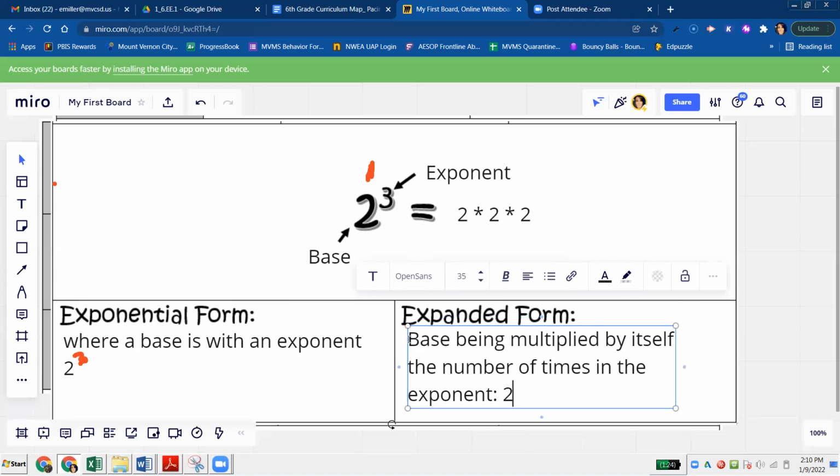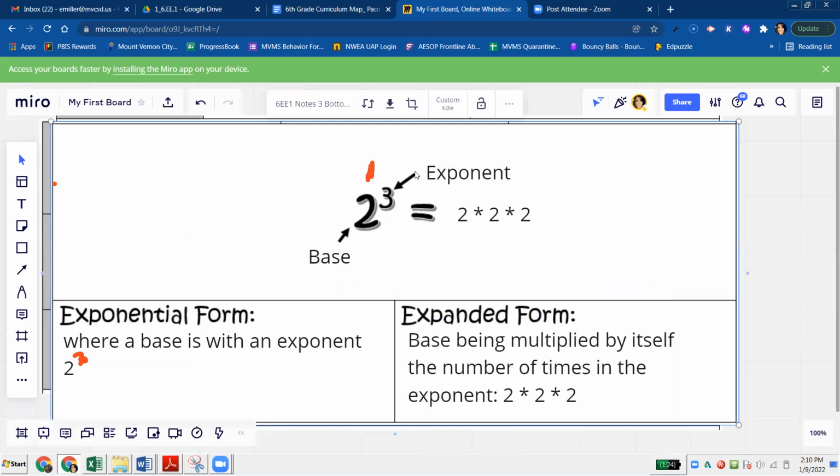So for example, 2 times 2 times 2, because this is the base being multiplied by itself 3 times because the exponent says 3. All right, so there we go. Hopefully you guys got a little 3 written right over here. It doesn't look very much like a 3, but hopefully you guys got that.